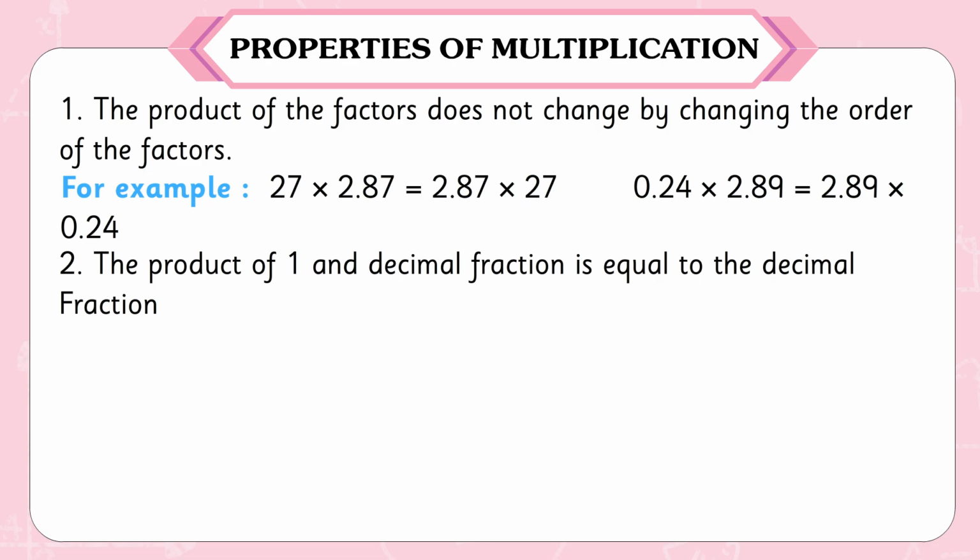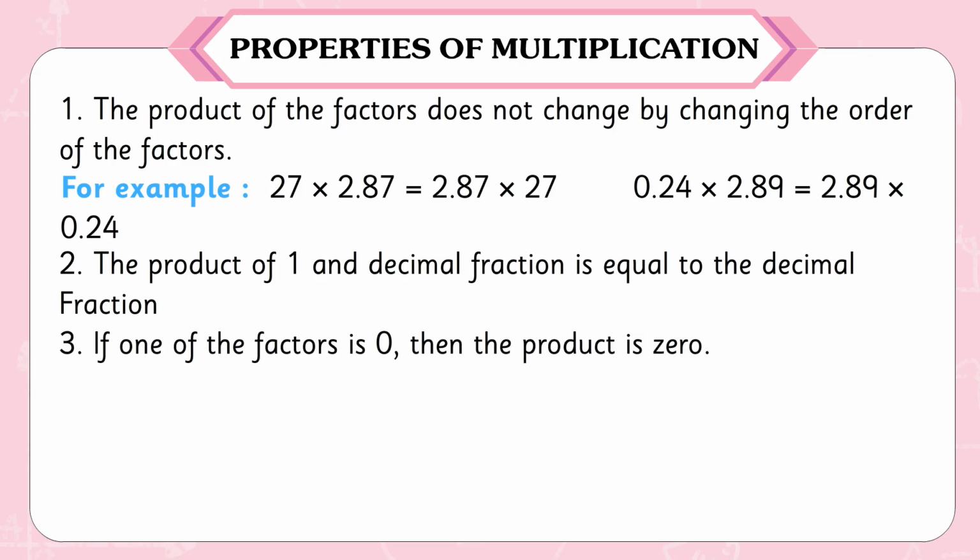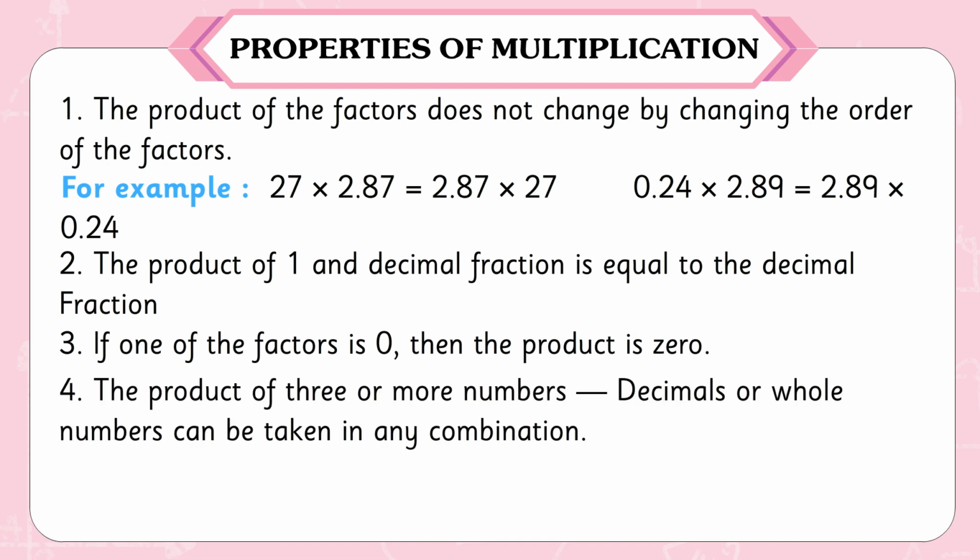The product of one and a decimal fraction is equal to the decimal fraction. 3. If one of the factors is 0, then the product is 0. 4. The product of 3 or more numbers.